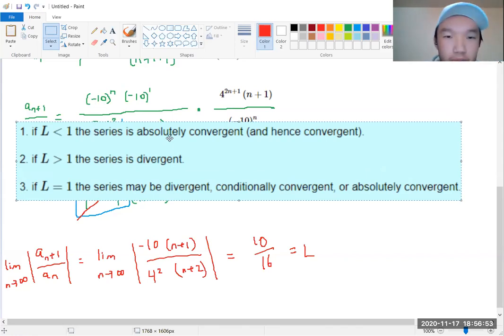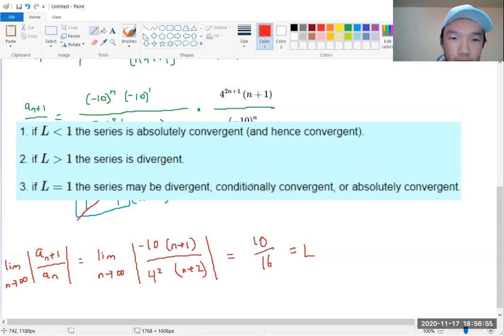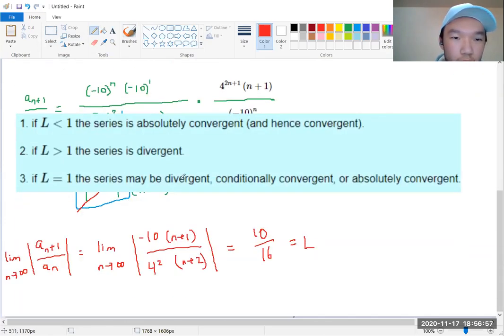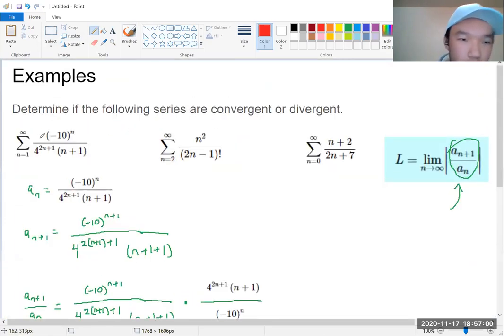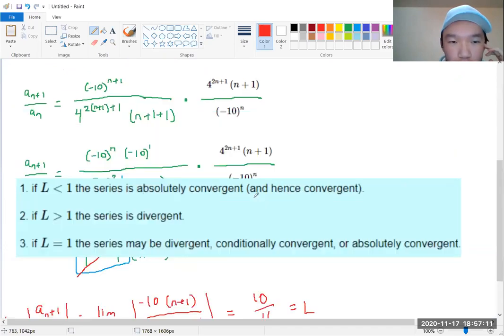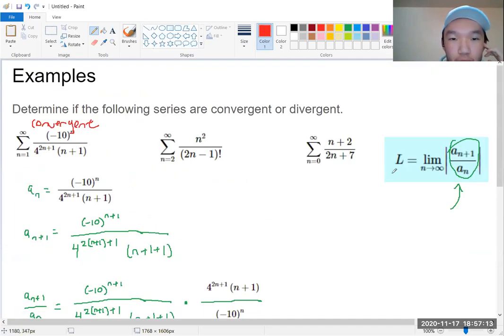Absolutely convergent, right? And therefore convergent. Yeah. So number one, this is convergent. Okay, great. So that's how you use the ratio test. This one is more the more messier ones. Not all of them are this messy, but hopefully you guys get the general idea. All right, let's try the second one.